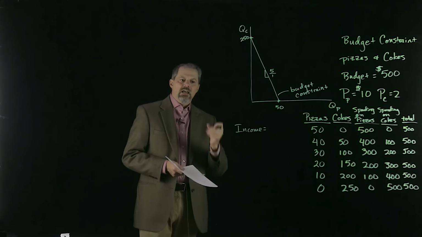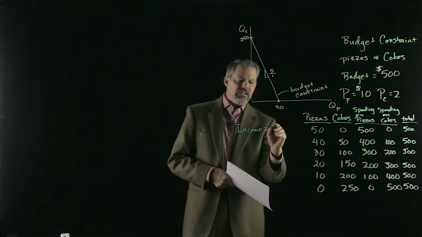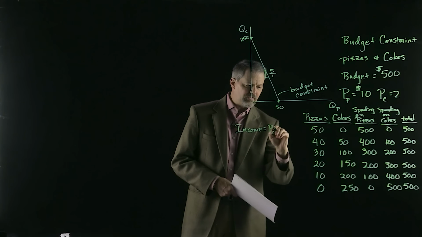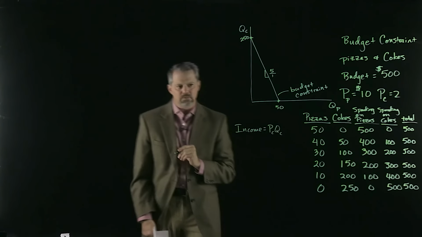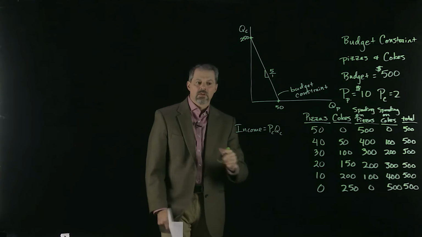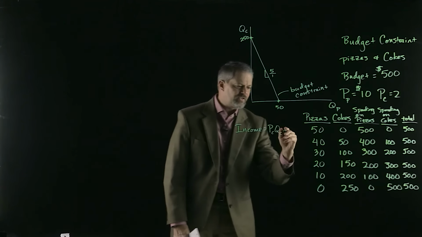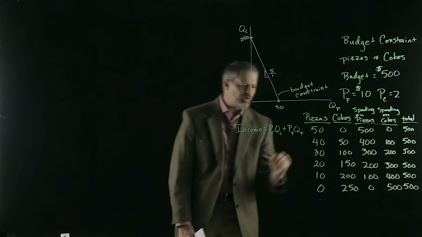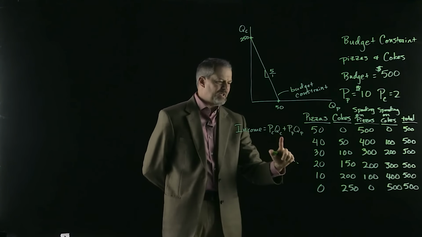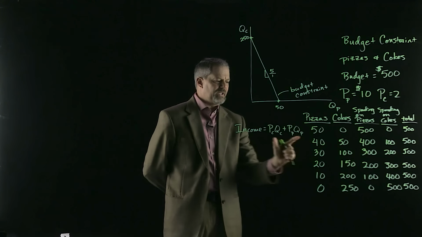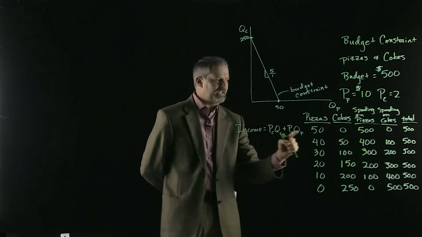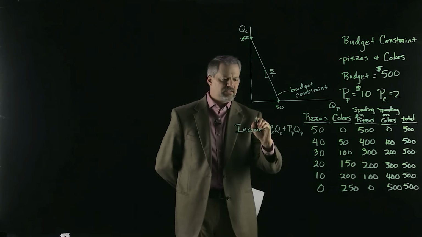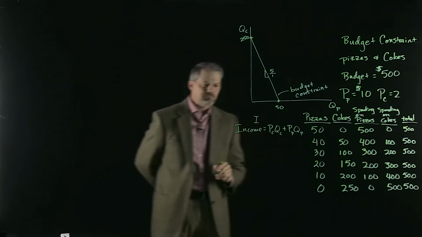And so our income is going to be equal to the amount that we've spent on, say, Cokes, the price of Coke times the quantity of Cokes we've consumed or purchased, plus the price of pizzas times the quantity of pizzas that we've purchased. So this is the amount spent on Cokes, the amount spent on pizzas. If we add up the amount we've spent on each, it has to add up to our income. A lot of times we might call that just I.